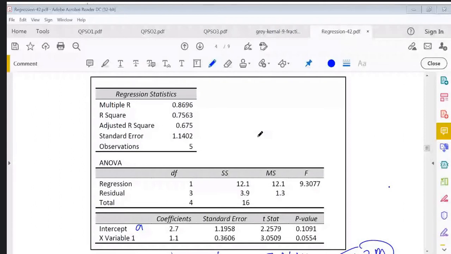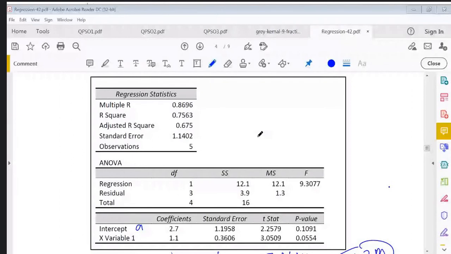The p value is 0.0554. What is the value of alpha for this one?